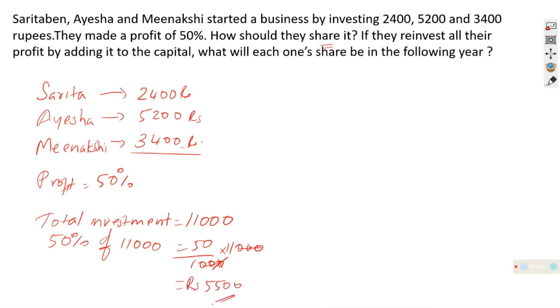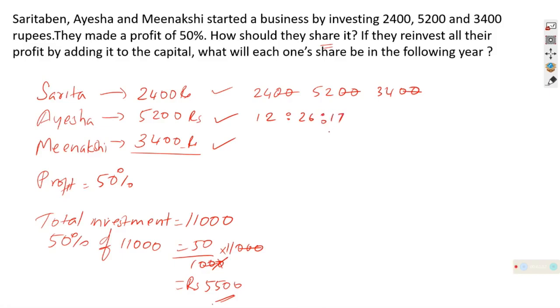Now they should share it. To share it, they should share it according to their investment or capital. That means 2400, 5200, 3400. If you make it a simple ratio, cancel by dividing with 100, then divide by 2, it will become 12 is to 26 is to 17.